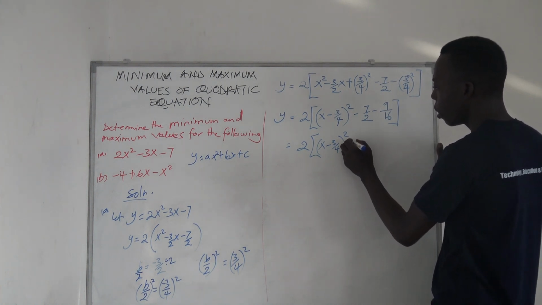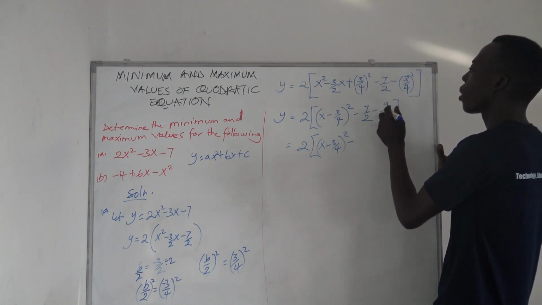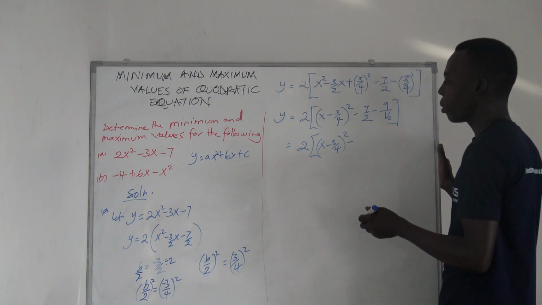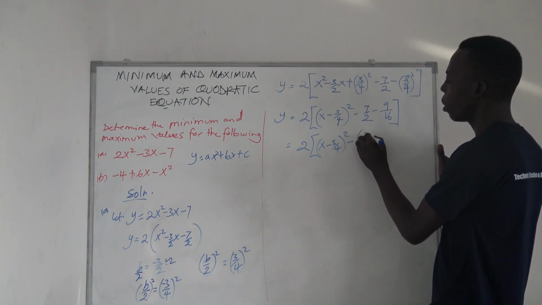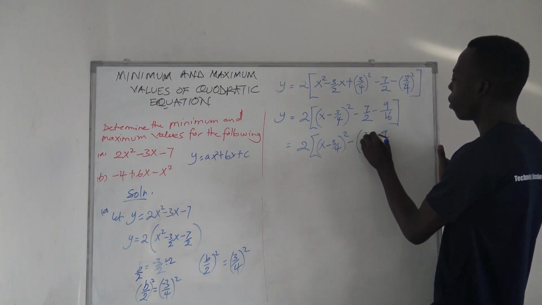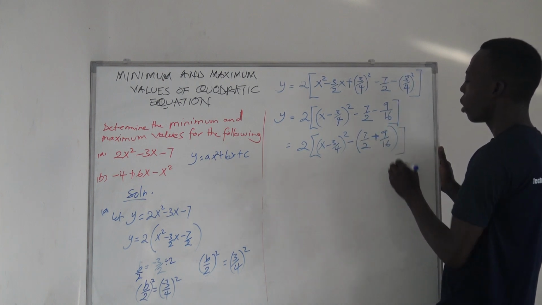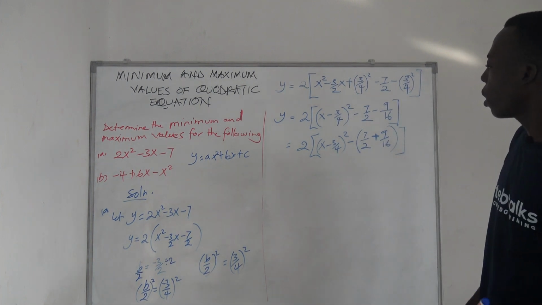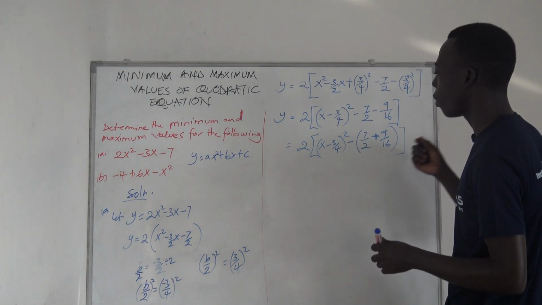Here it will be minus, first factorize out the negative, so that this one will remain as a positive inside. So it becomes 7 out of 2 plus 9 out of 16. When I open up the bracket, I'll get a negative. So that's what we are getting. Now what we are going to do is get the LCM here.